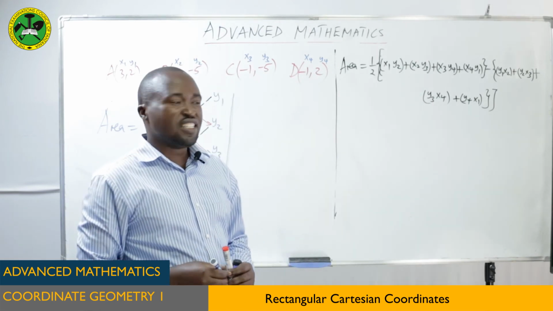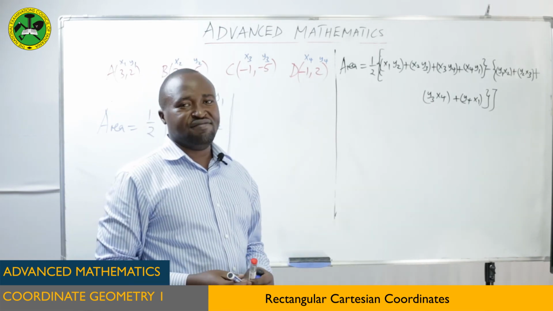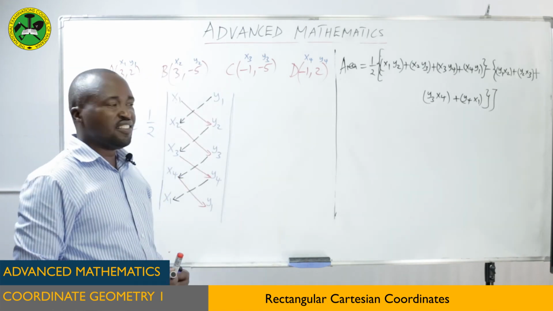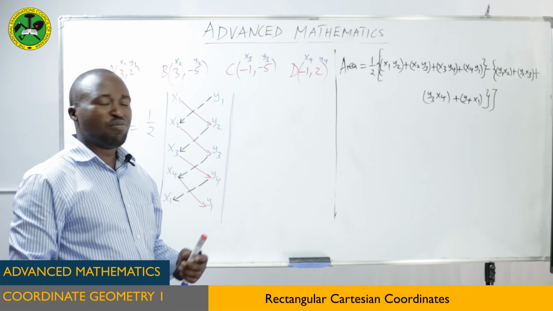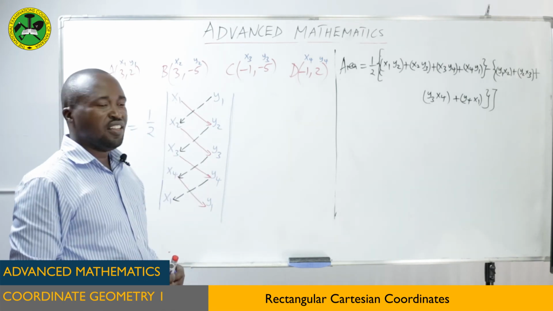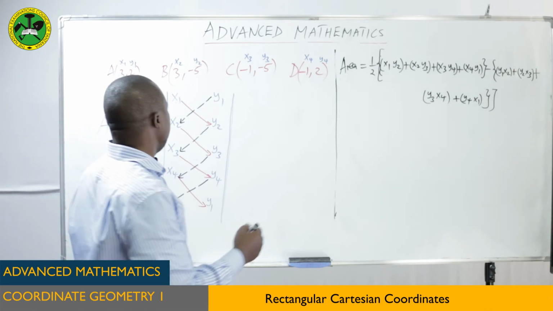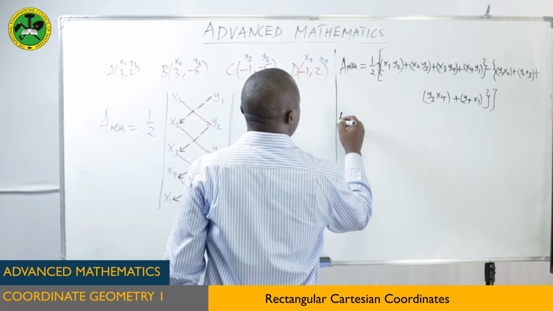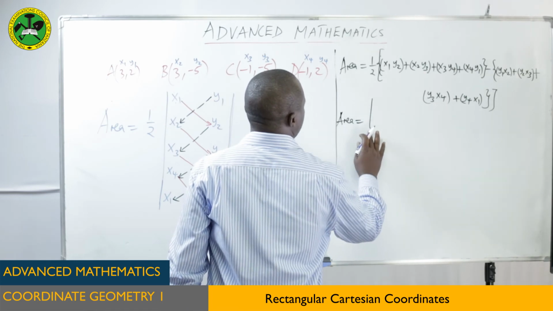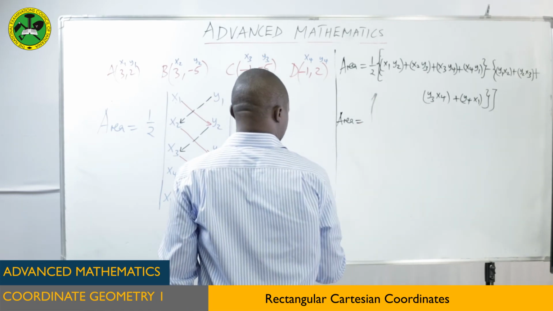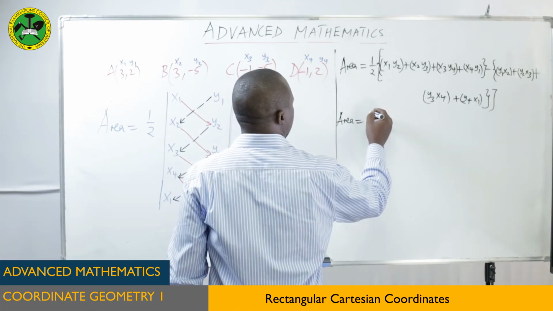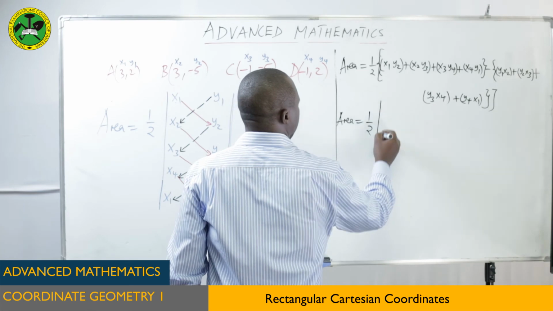So, my dear students, let us go back to our question. We have already mentioned the coordinates. It's just a matter of substituting these coordinates in our formula. So area will be equals to a half.